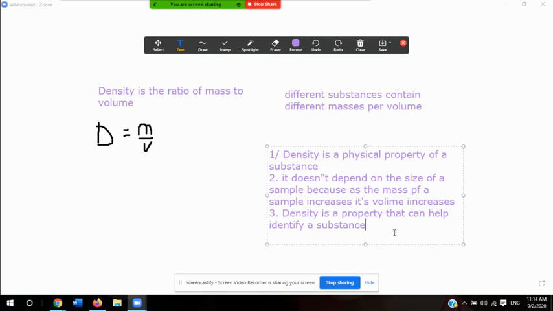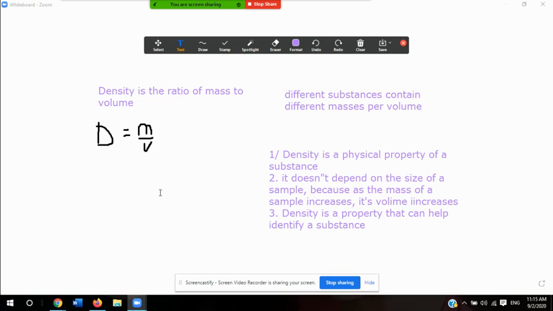It doesn't depend on the size of a sample because as the mass of a sample increases, its volume increases. And finally, density is a property that can help identify a substance.